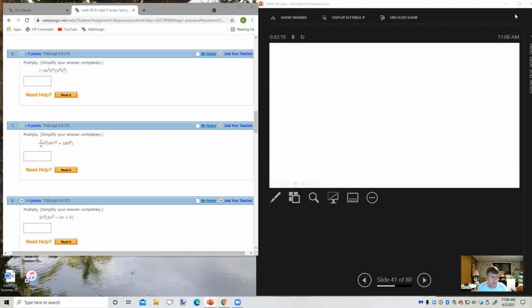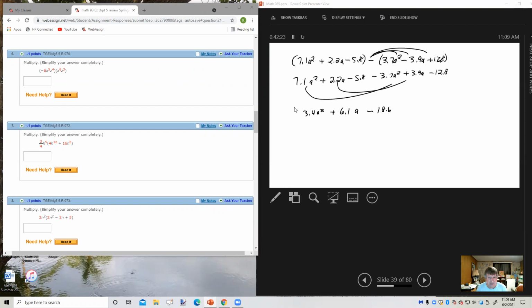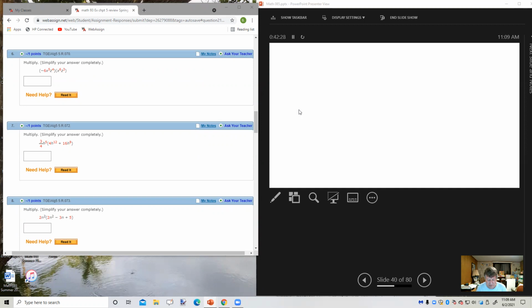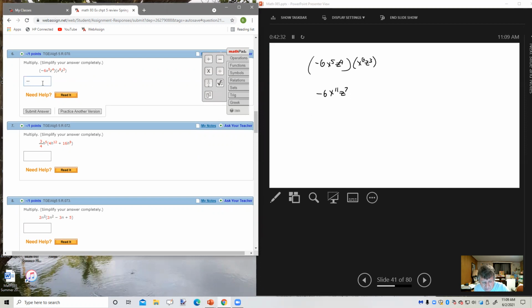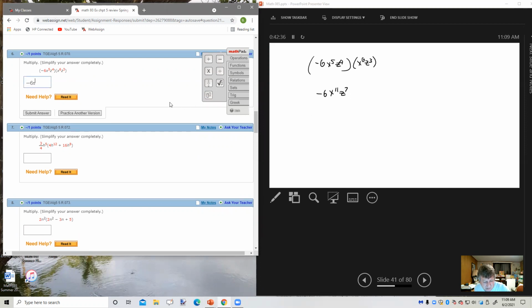Multiplying powers with the same base, you add the exponents. So we get negative 6x to the 11th z to the 7th.